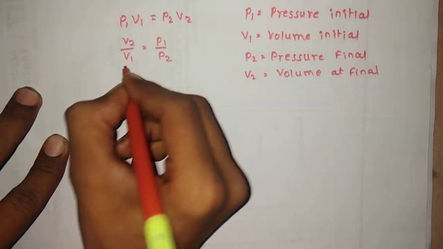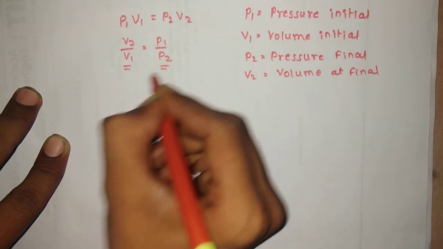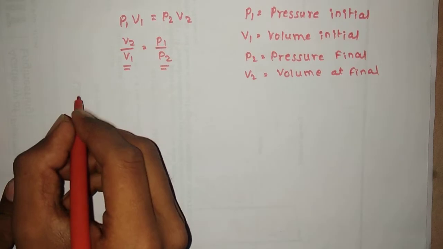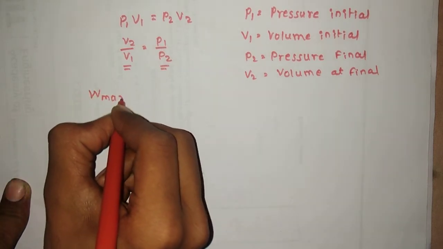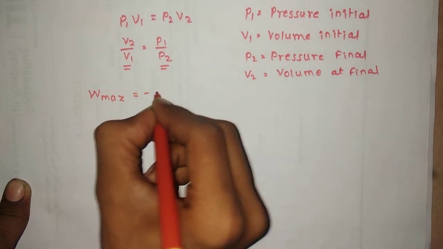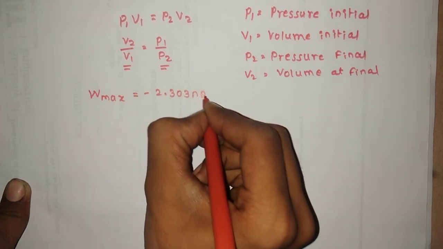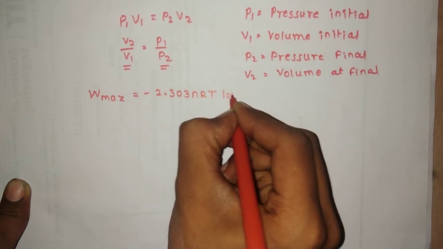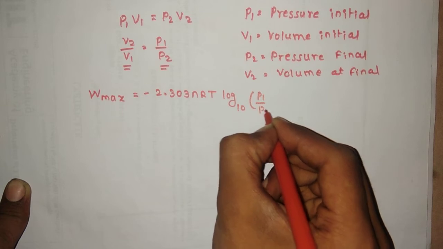Now put the value of V2 by V1 as P1 by P2 in the maximum work equation. We get maximum work equals minus 2.303 nRT log to the base 10 P1 by P2.